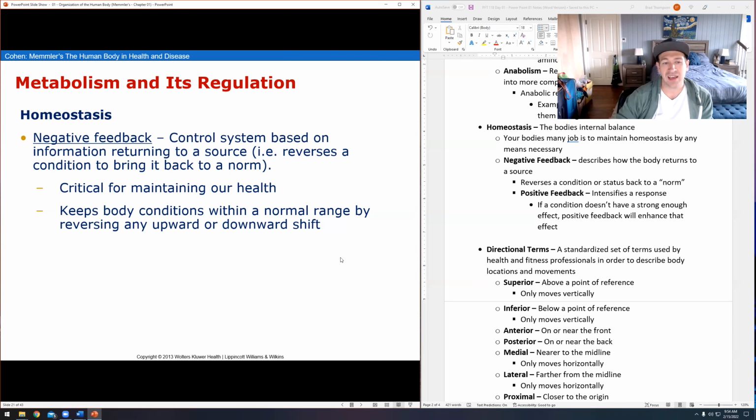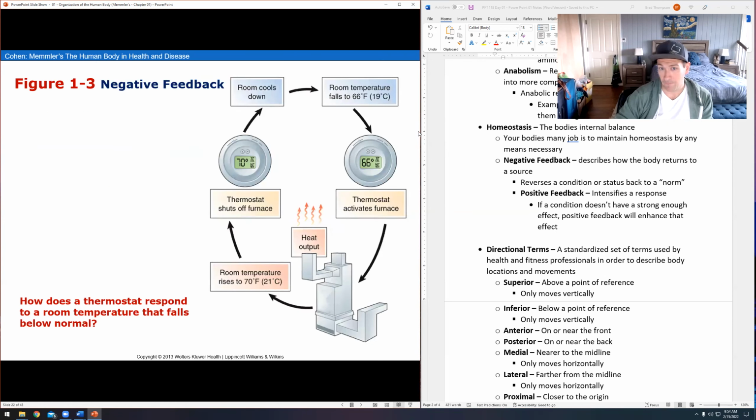The best analogy for this is a thermostat. Let's say your room temperature falls to 66 degrees, but you have the thermostat set to 70, right? So the thermostat goes, is it 70 degrees? Oh, no, it is not. All right, we are too cold. So it'll kick the heater on, right? And then the heater is going to raise the temperature of the room and it'll get to 66, 67, 70.